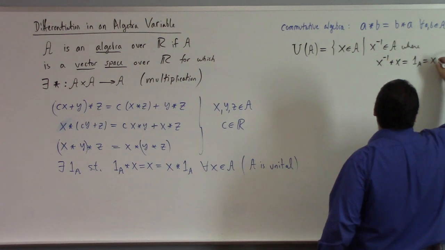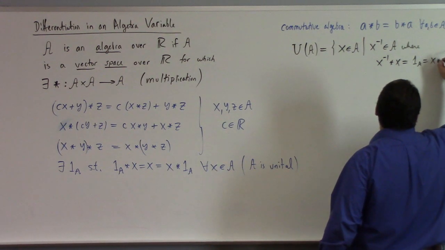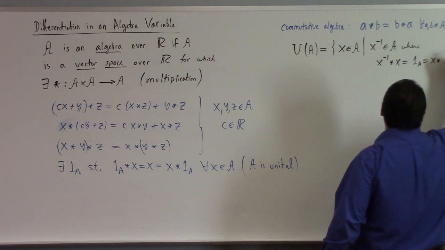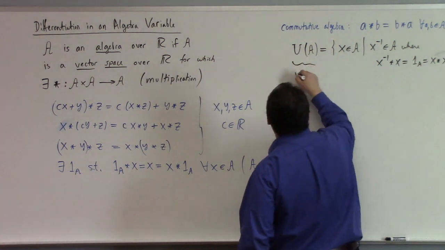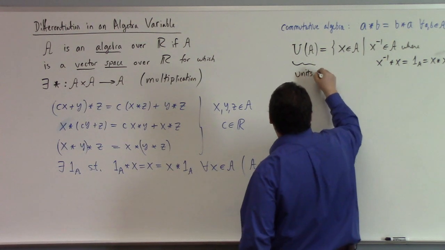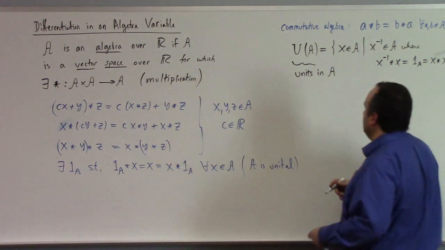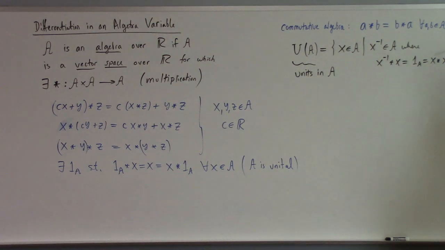So in other words, U of A is the set of units for the algebra. It is the set of invertible elements.